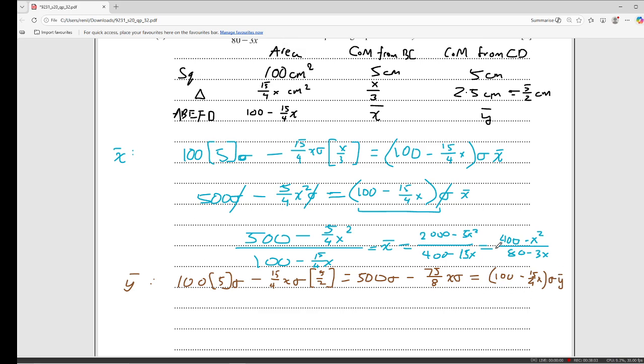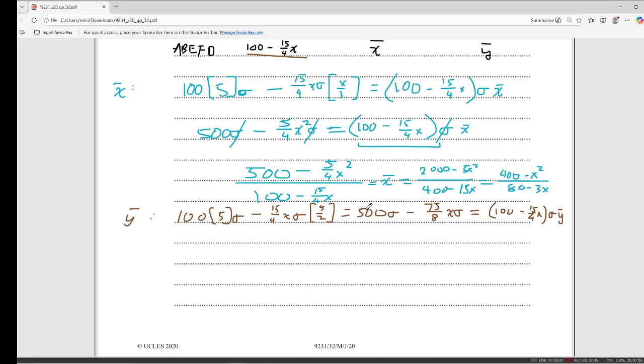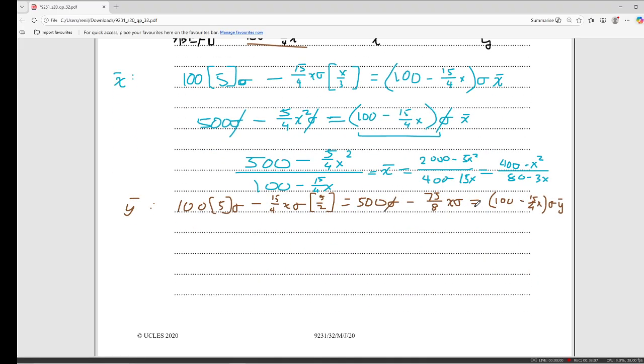Okay, now once again, this is the area of the whole shape. That's what I'm doing. Let's cancel out the sigmas. Let's bring this to the denominator. So we get (500 minus 75 by 8 x) whole divided by (100 minus 15 by 4x). Okay, and that's equal to y mean.